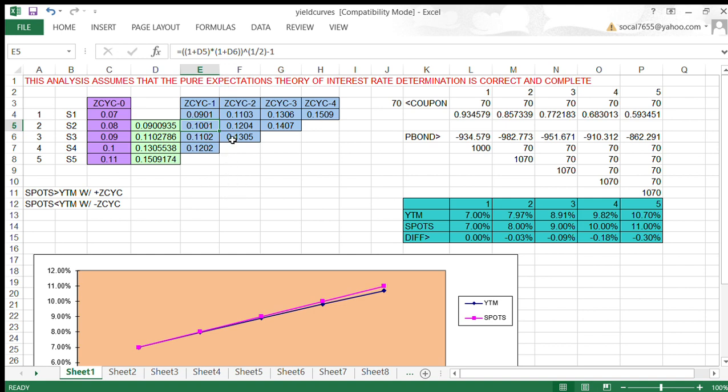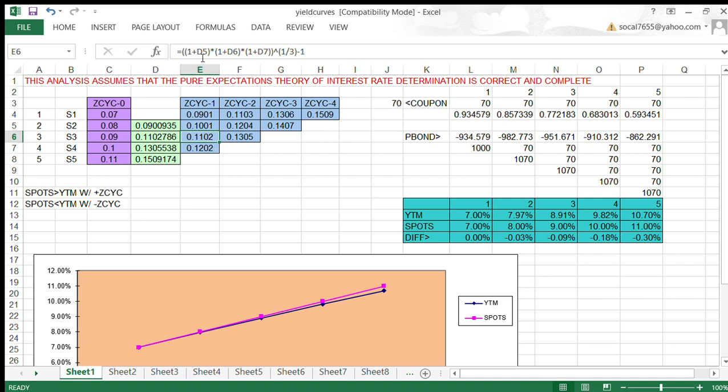Same with this. Here we go. The 3-period spot rate expected to be in existence at date 1. And when are we doing our expecting? At date 0. So at date 0, we're sitting around thinking about what the zero coupon yield curve is going to look like at date 1, with this assumption and these current spot rates in the zero coupon yield curve in existence right now. And it looks like the market expectation is that the 3-period spot rate at date 1 will be 11.02%.